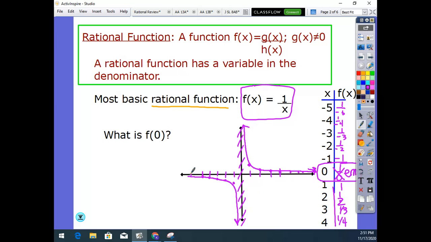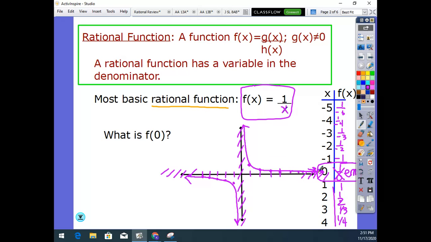So we're always going to have these types of shapes if you see an x in the denominator. We have what we call horizontal asymptotes. That's as x gets really, really small, what's the graph approaching? Or as x gets larger and larger, what is the y value approaching?